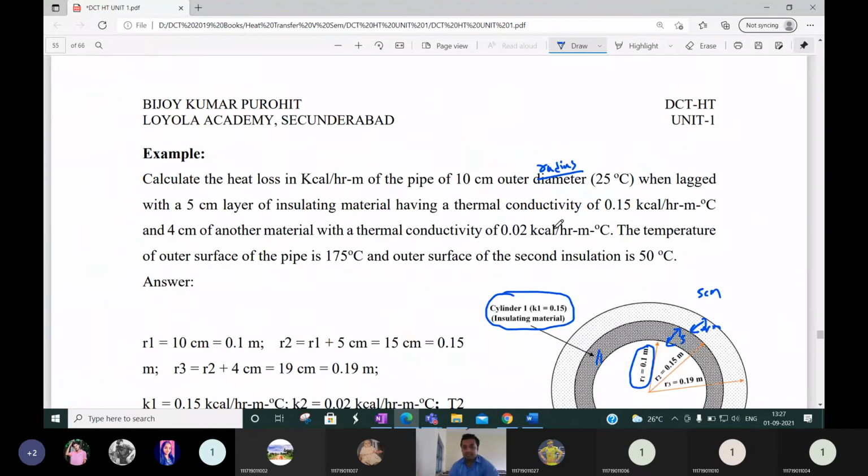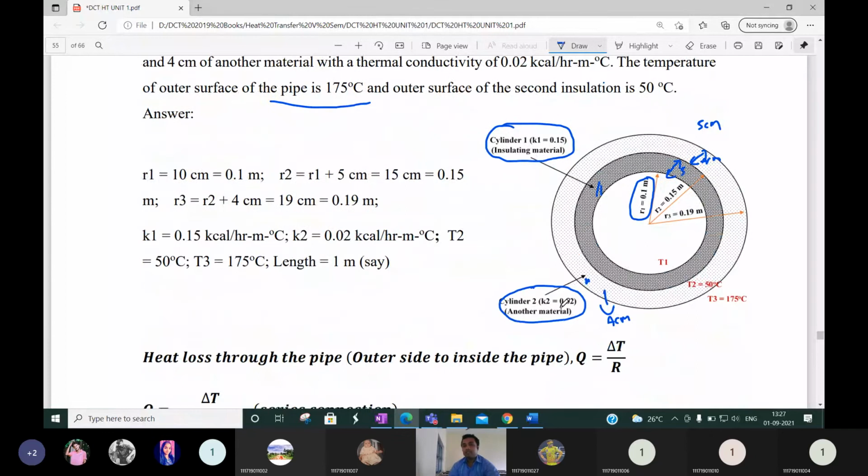The temperature of the outer surface of the pipe is 175 degrees centigrade. Outer surface of pipe means this is the full pipe, so this temperature is given as 175 degrees centigrade.